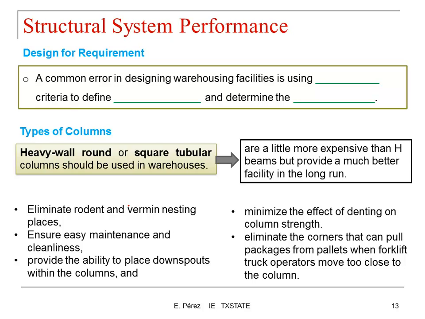A common error in designing warehousing facilities is using building cost as the criteria to define column spacing and determine the grid configuration.